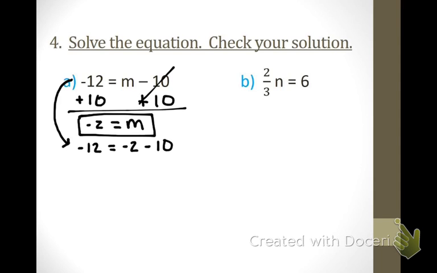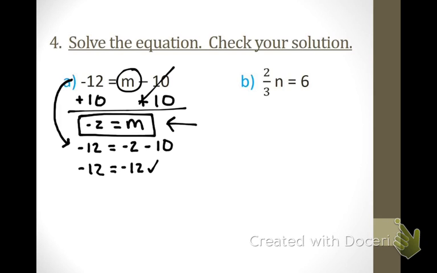Instead of writing m, you're going to put what m equals. So then we've got negative 12. And what is negative 2 minus 10? Negative 12. Same sign, add the numbers, keep the sign. And negative 12 does equal negative 12, so it checked out.